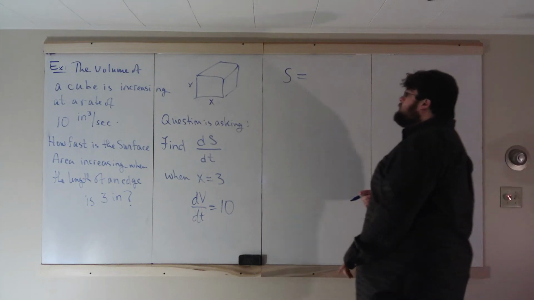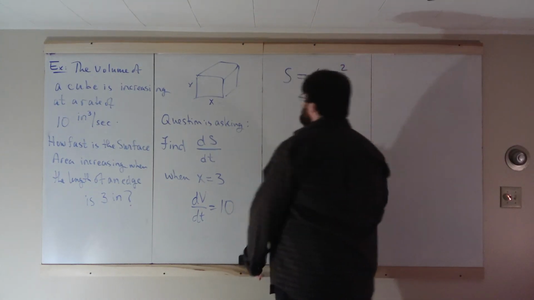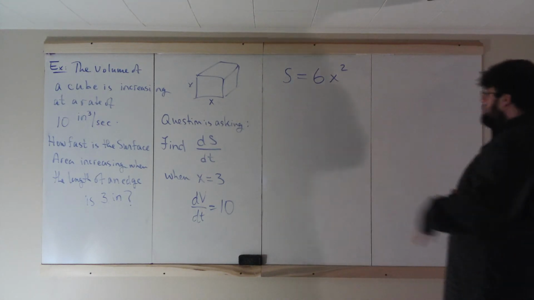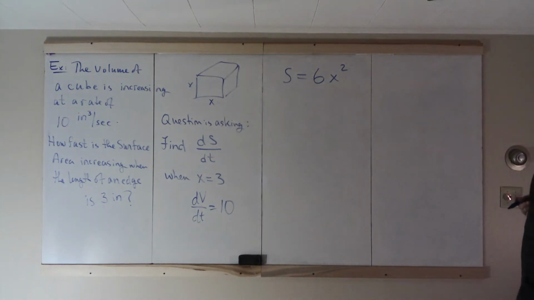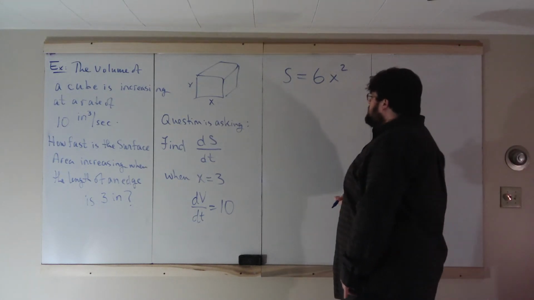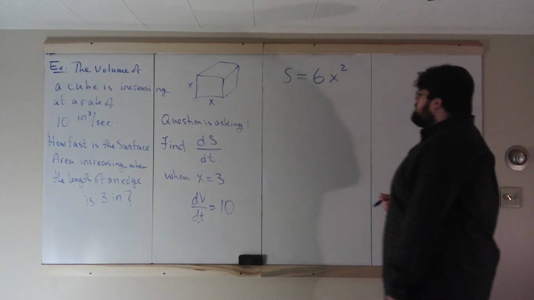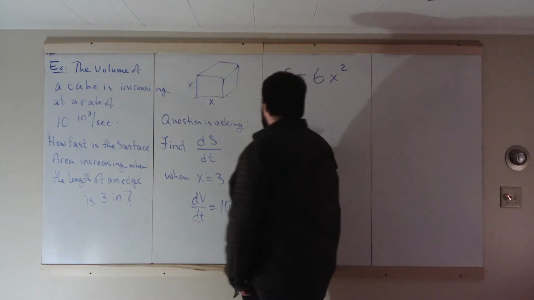Faces of a cube. So we have an x squared plus x squared plus x squared plus x squared plus x squared plus x squared. Also known as 6x squared. Well, that's simple enough. Let's differentiate with respect to time.